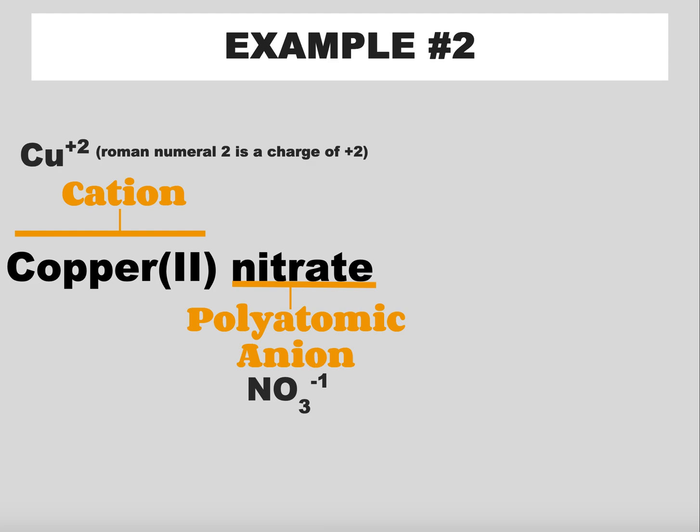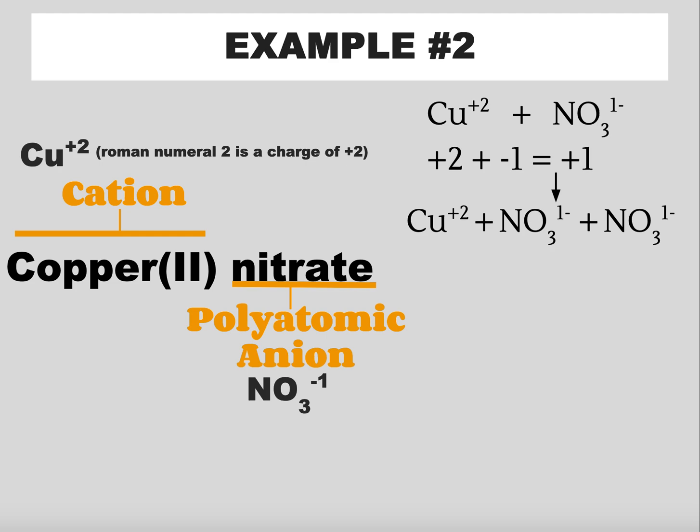Now, like our previous example, if I add the charges together, it doesn't equal 0. So what do I do? Well, I need another nitrate, just like before. But nitrate is a polyatomic ion. So how do I write that I have 2 of those?